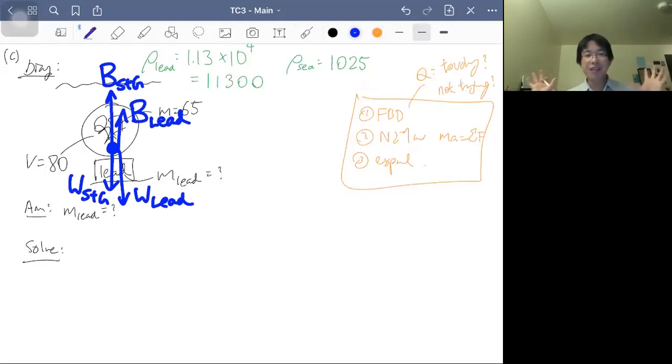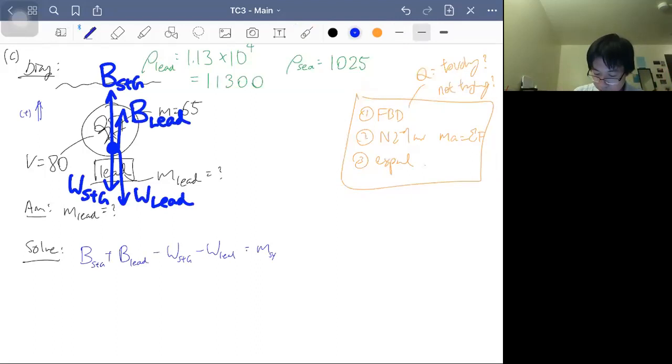If you don't want to think, you just want to shut up your brain and grind through this, all you have to do is write down Newton's second law. Let's call going this way positive. So it's the buoyancy of the scuba diver plus gear plus the buoyancy of the lead, minus the weight of the scuba diver plus gear, minus the weight of the lead, equals the mass of the whole system times the acceleration of the whole system.